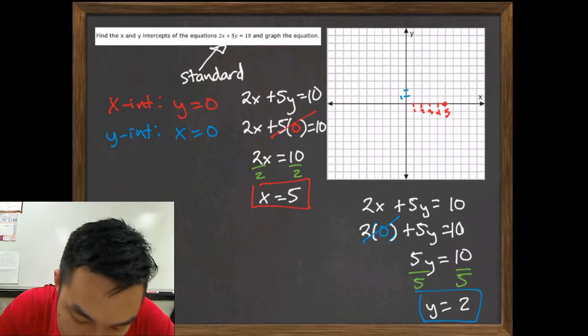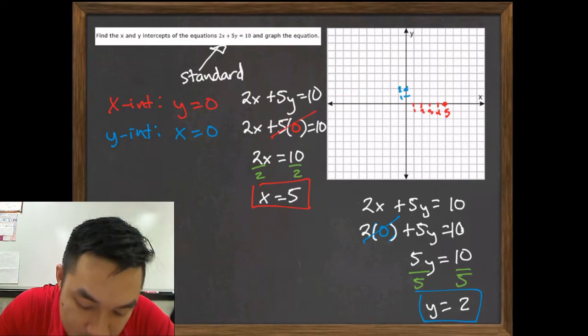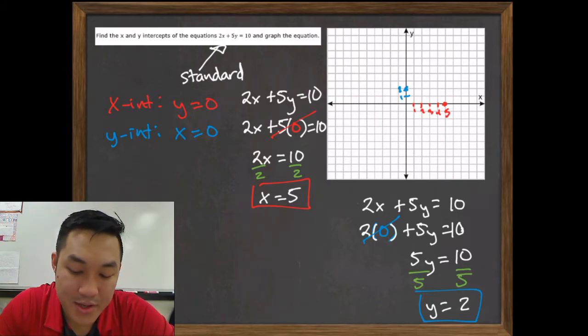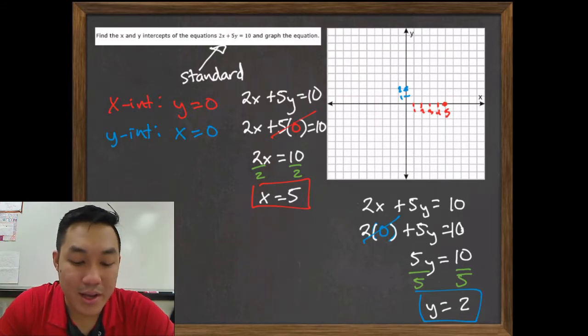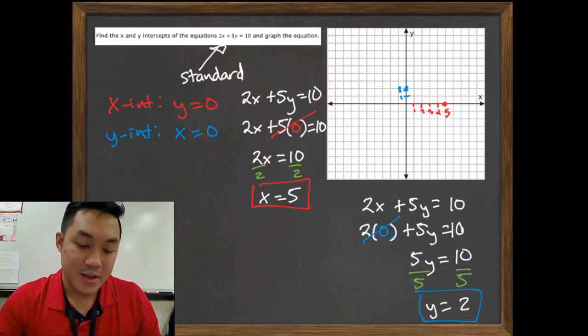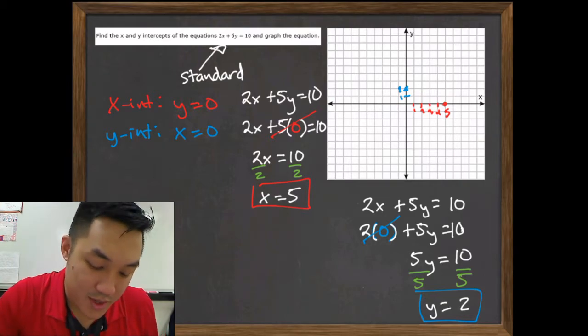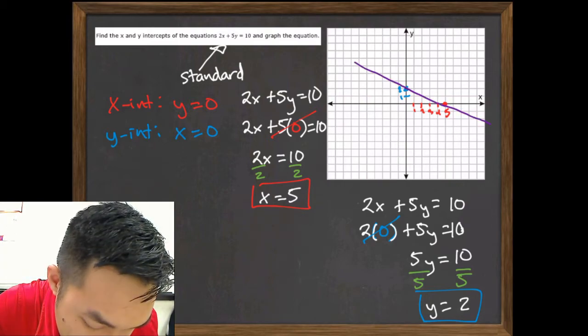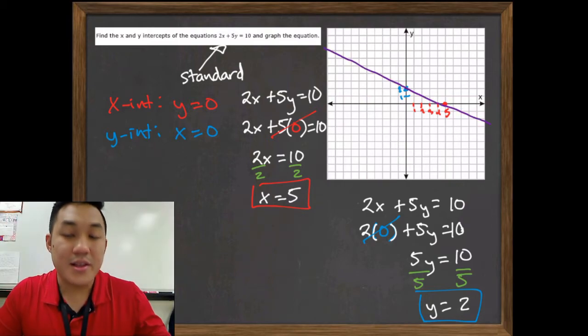Here's 1, 2. That's where your y-intercept is. That's where it'll cross. Now let's just draw a line where it crosses both. You have a nice and easy graph if you just have the two intercepts.